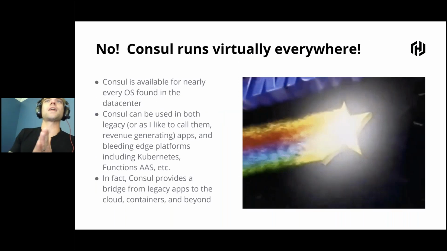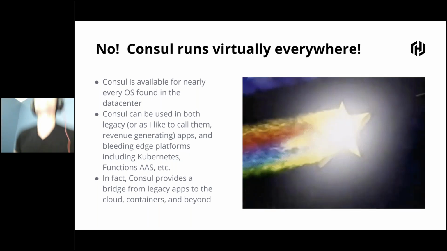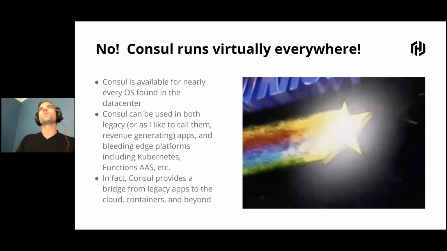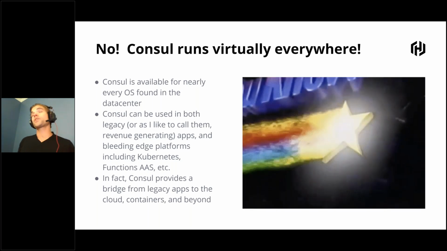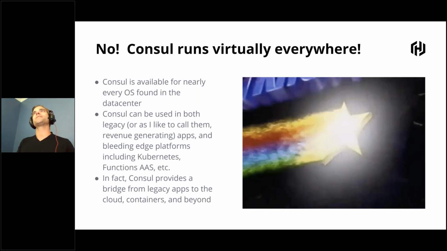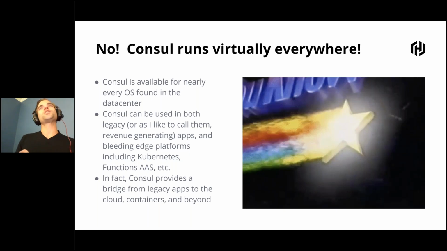So, yep, Consul runs everywhere. Being one of our most mature products, it's got a long history of battle hardening. So we actually write all of our software in Golang. And when you use Golang, one of the neat things about it is it allows you to compile executables for platforms other than what you're using.